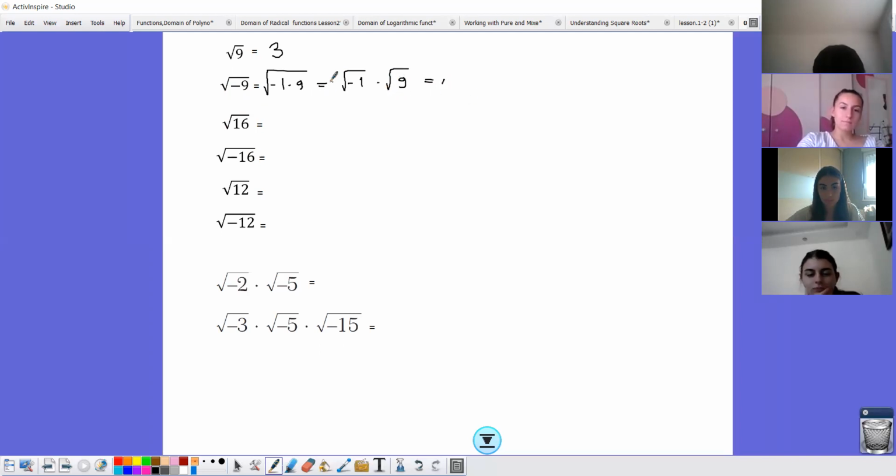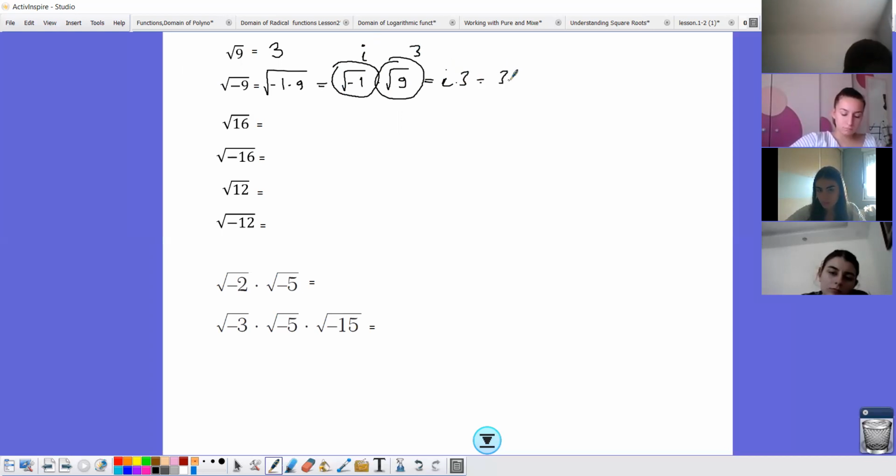Here you don't have plus or minus because you don't have x squared. You're not solving directly, because this one is i and this one is 3. So it will be i times 3, or you can write 3i.